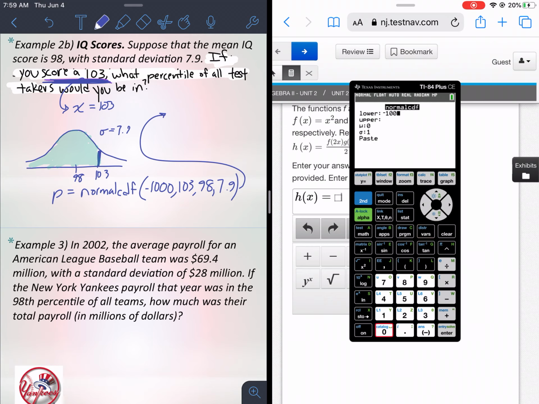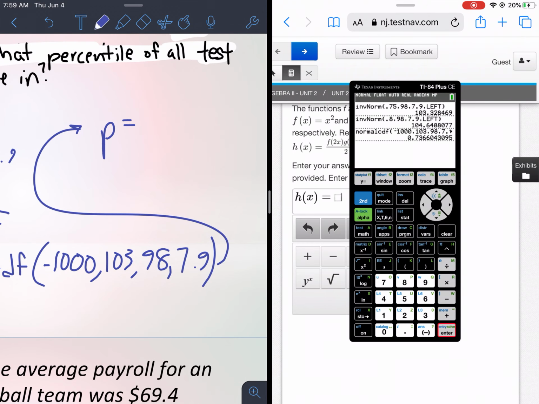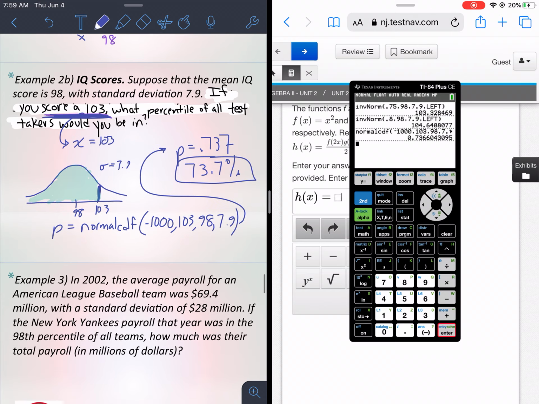The lower limit is some really big negative number up to 103 with a mean 98, standard deviation 7.9. And there you have it. That shaded region would be 0.736. We'll round it up. And so 73.7%. You would be in the 73rd percentile.